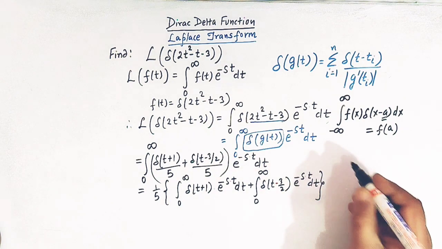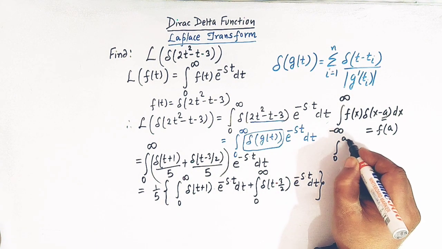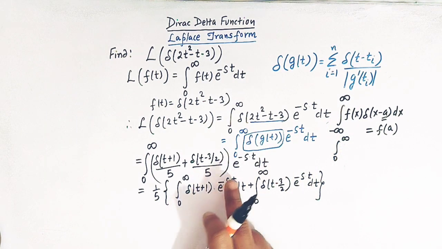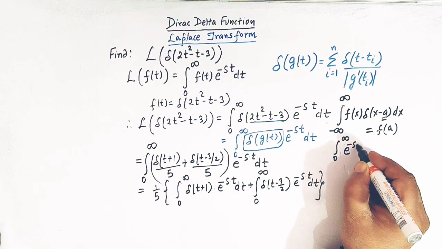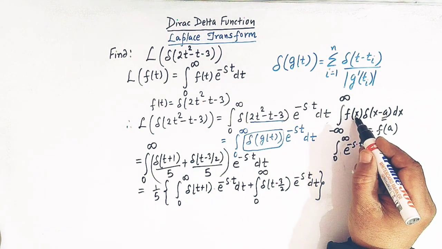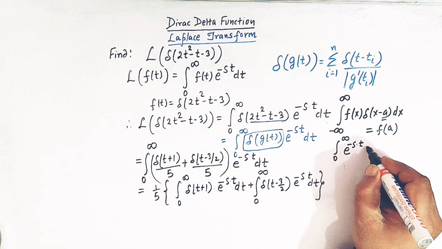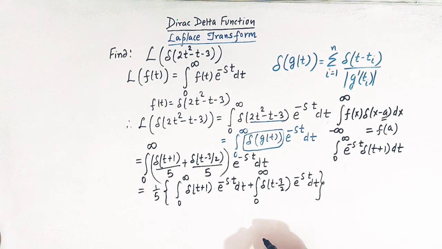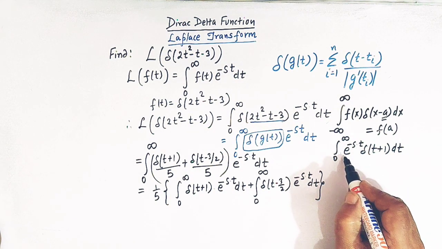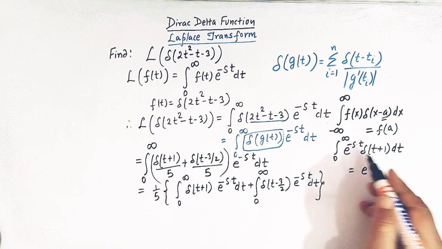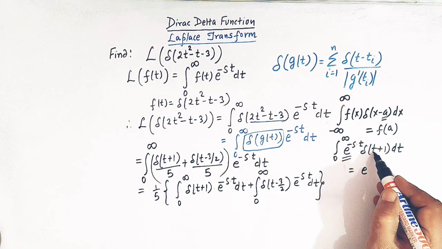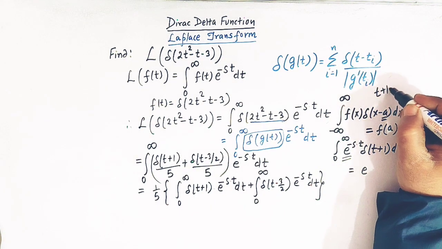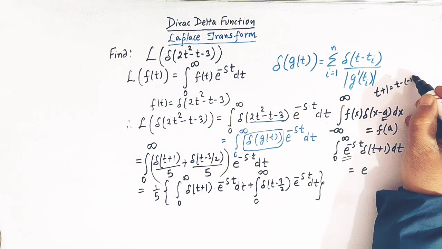So the first integral is 0 to infinity. We can write e raised to minus s times t as f of t, and here we have delta of t plus 1 dt. So the value of this integral is equal to the value of this function at t equal to minus 1, because t plus 1 can be written as t minus minus 1.